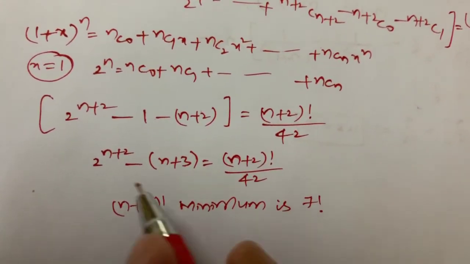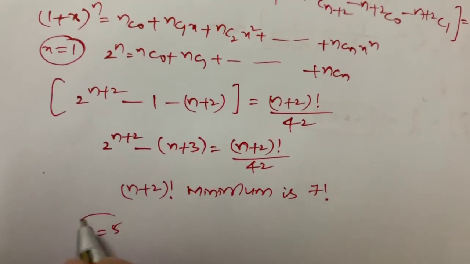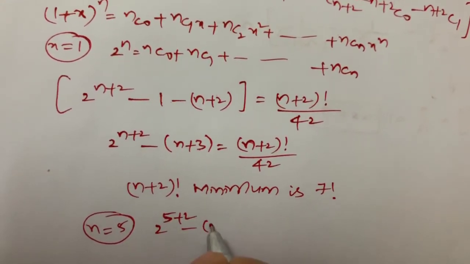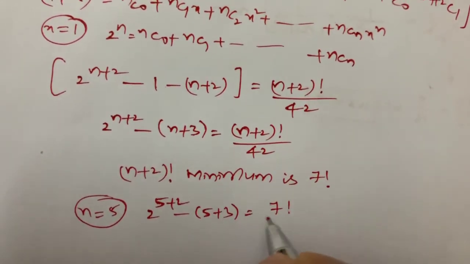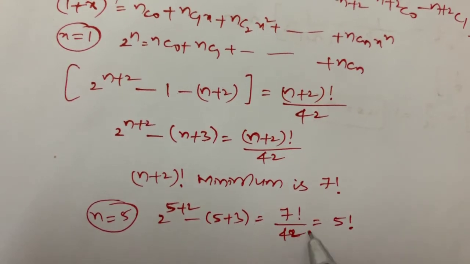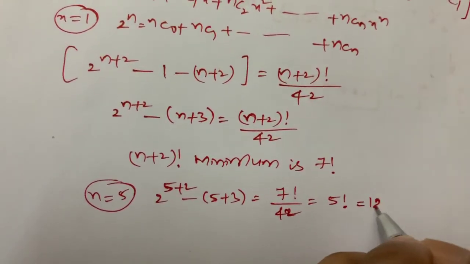So if I put n equal to 5, it will be 2 power 5 plus 2 minus (5 plus 3) is equal to 7 factorial by 42. So it is 5 factorial, because 7 into 6 will get cancelled. So 5 factorial is 120.